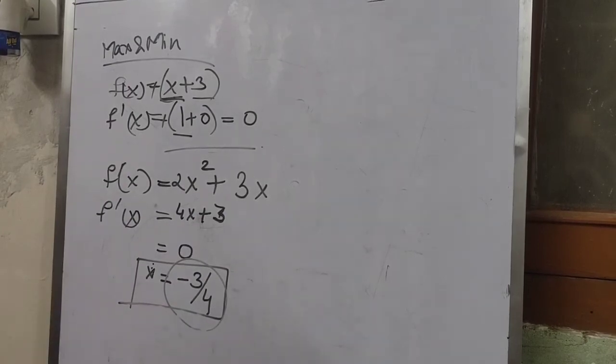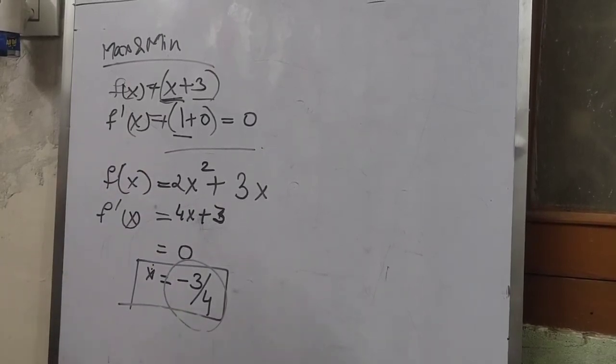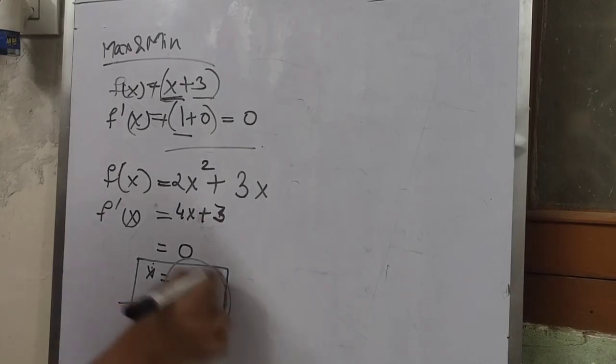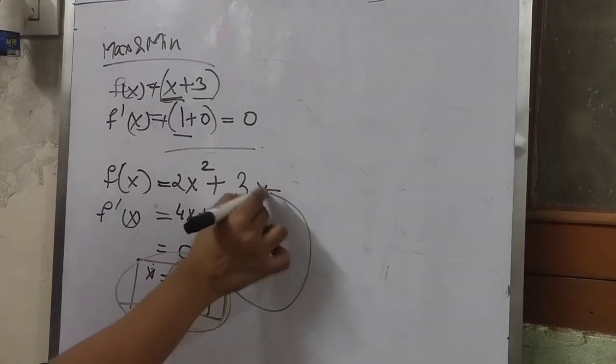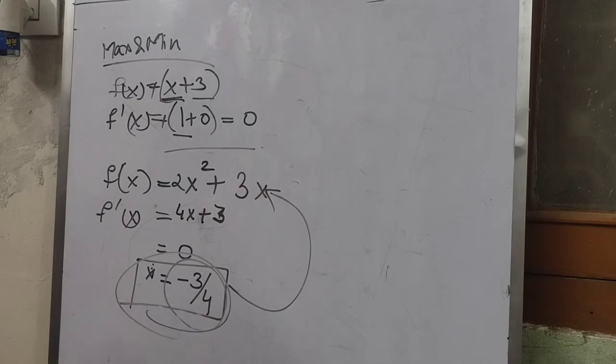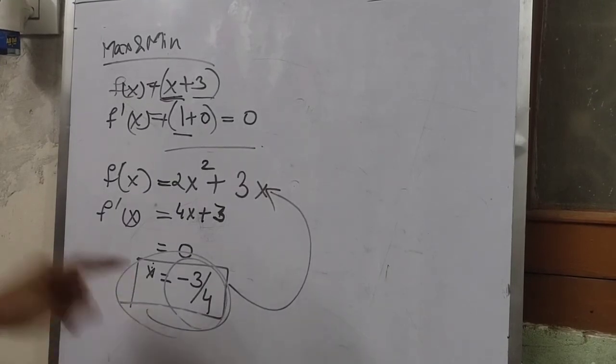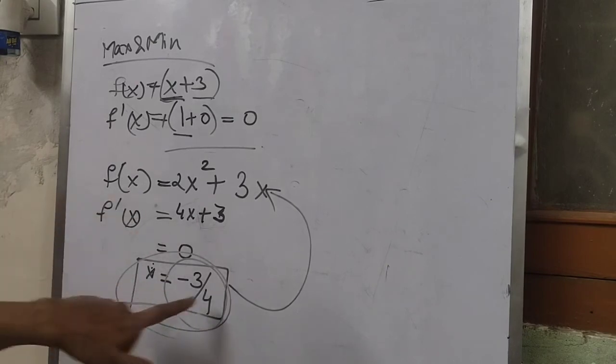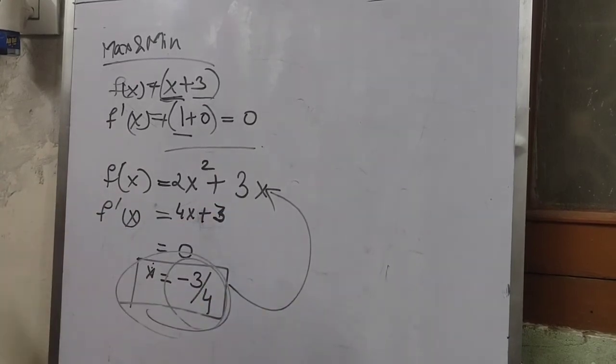So I will say that I am having a local maxima. I am going from a positive value to a negative value, so I'll have a local maxima, and I will put this value into my actual function to get my local maxima value. This is not my value; I'll receive the value when I put this value in my function. So I'll receive the value of local maxima.